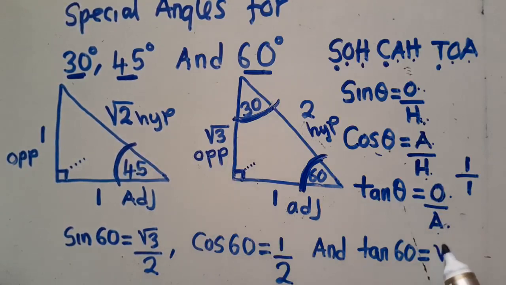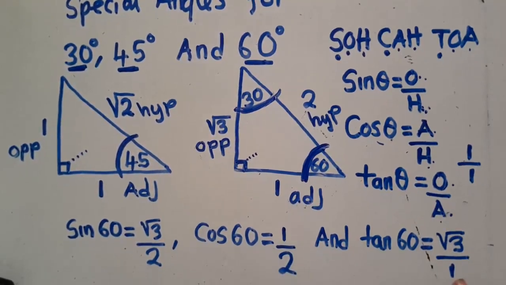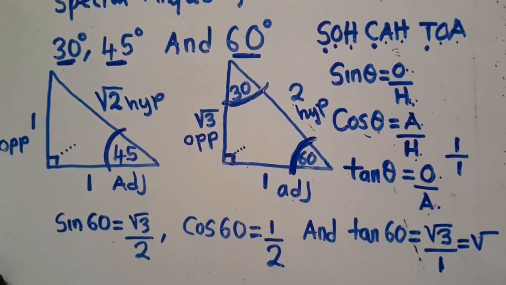Root 3. Over, what is adjacent? 1. Is it fine to put a 1 there? Even if you divide by 1, root 3 over 1 is just the same as root 3. Maybe someone can be confused, so here I'm going to write the root 3.